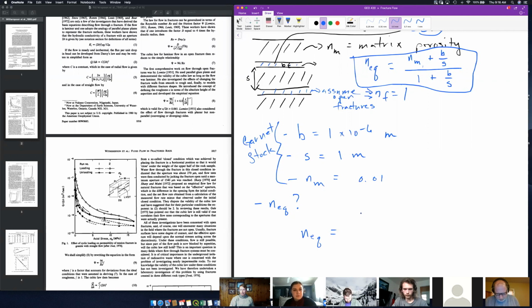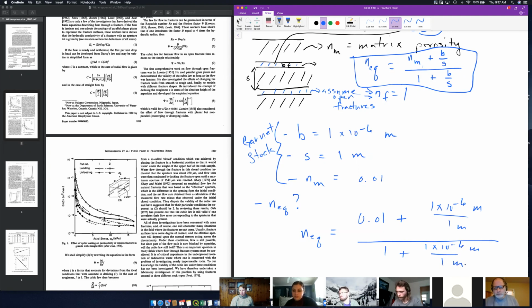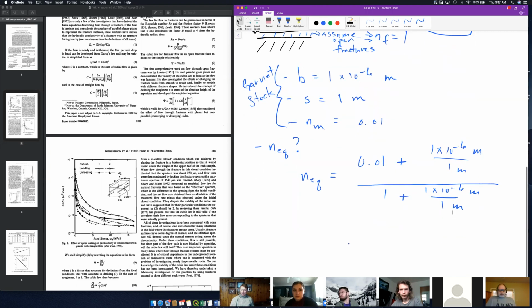So we got 0.01 plus 1 × 10⁻⁶ meters over 1 meter, over 1 plus 1 × 10⁻⁶ meters over 1 meter. All right. This is not equal to 0.01.